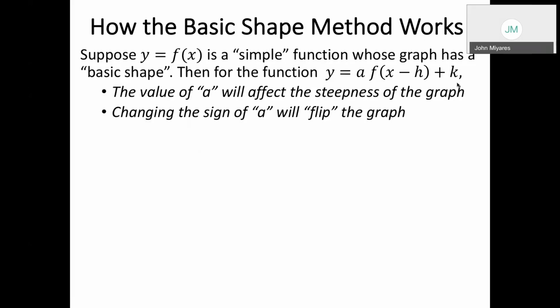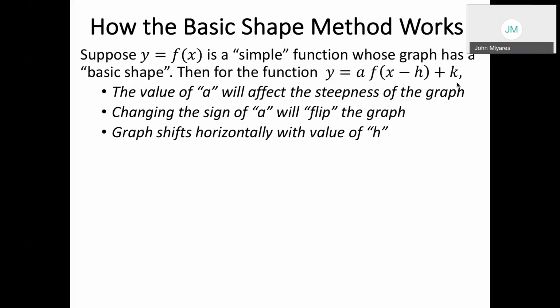If there's an h subtracted inside the parentheses, then the graph is going to shift horizontally. For values of h that are positive, so it becomes x minus h, the graph will shift to the right. Whereas if it looks like x plus h, because h is a negative number, you're taking x minus negative h, which turns into x plus h, the graph will shift to the left.